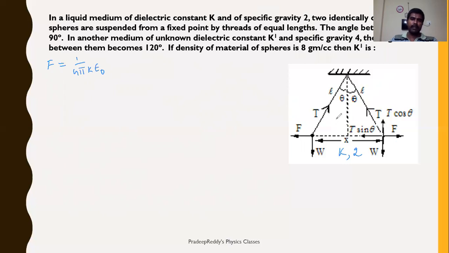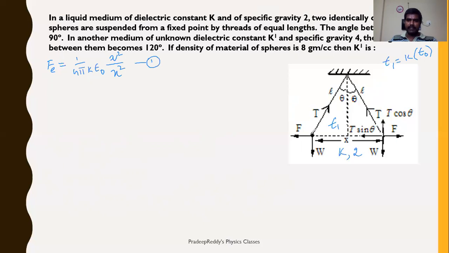That medium has permittivity epsilon 1, which can be written as epsilon 1 is equal to K, the dielectric constant, into epsilon naught. That is what I have used here, and it is Q square divided by the separation between these two, which I can consider as X square. Let me take this as equation 1. That is the electrostatic force acting between two charges.